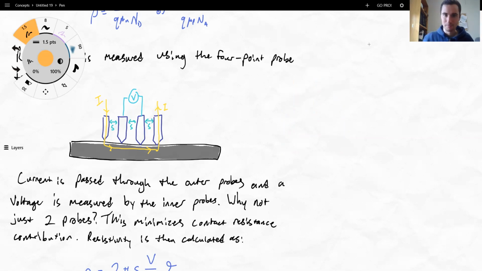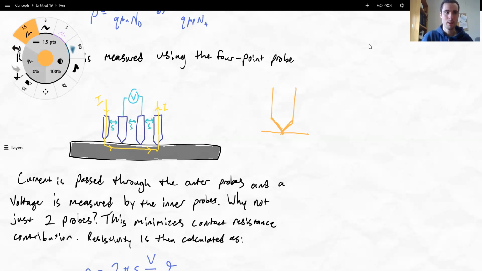But the main reason that you do this in a 4-point arrangement is that you have to consider the fact that there's such a thing as contact resistance. When you are physically touching the probe to the surface, it's not a completely lossless contact. Especially with semiconductors, things can get kind of annoying.